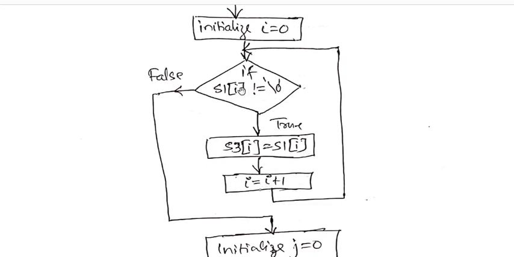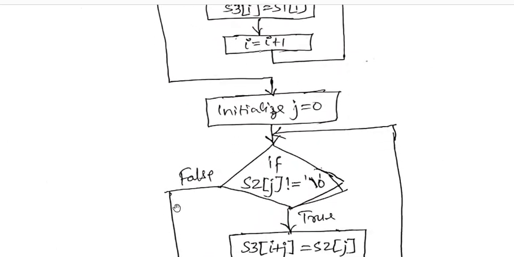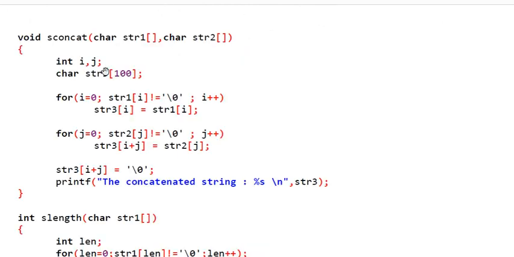As long as we don't get a null character, all the values are copied into s3. The minute we get a null character, it is false, we go to the next for loop and j is equal to 0. This is the next for loop where we are going to copy the string 2.